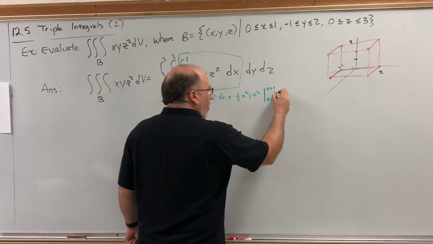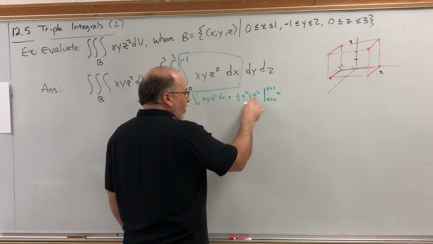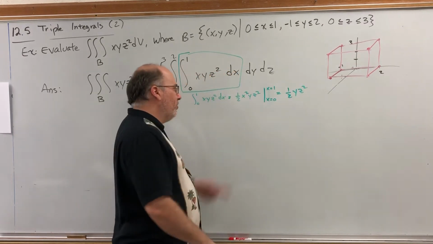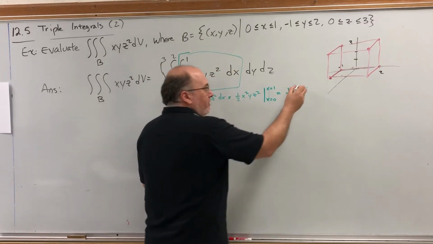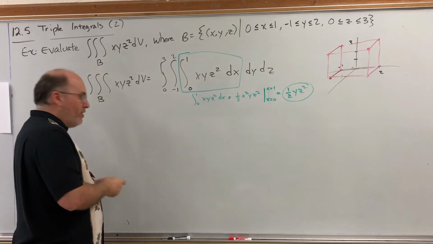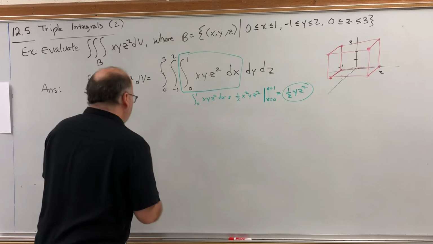So if we substitute 1, that's easy, 1/2 yz squared. And if we substitute 0, the whole thing zeroes out, so it's gone. Subtracting 0 is nothing, so we're left with that as the value of the first iterated integral.